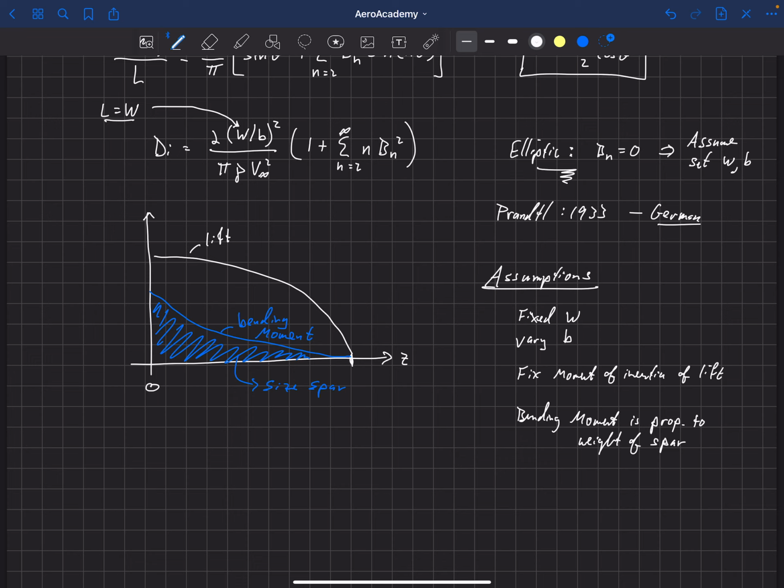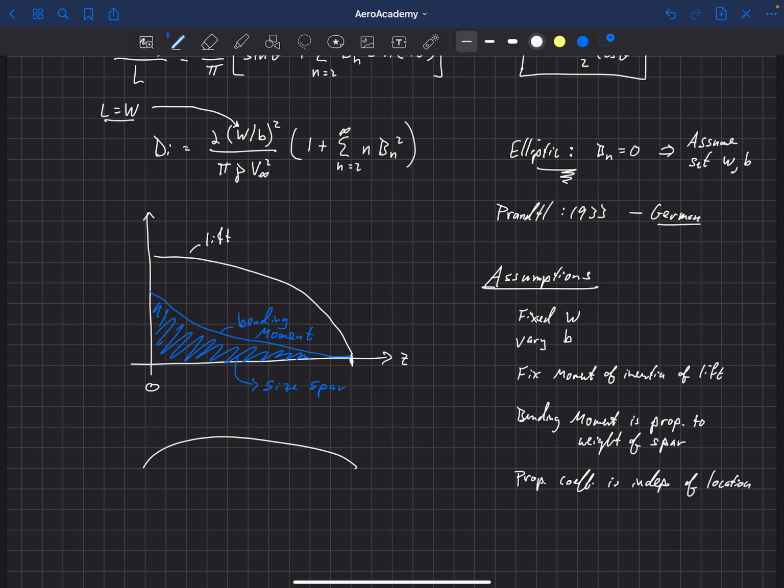Now that proportionality coefficient, he assumes that is independent of spanwise location. Okay, so proportionality coefficient is independent of location. Why that is really important to understand is, let's just draw a spar here.